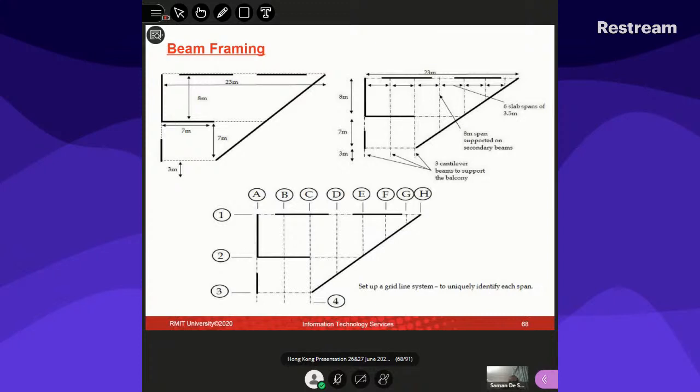Of course, you can decide, can you do it as a one-way spanning slab, or should it span as a two-way slab? If that may be the case, that is possible. Otherwise, if it becomes an obvious one-way spanning slab, will that be helpful?